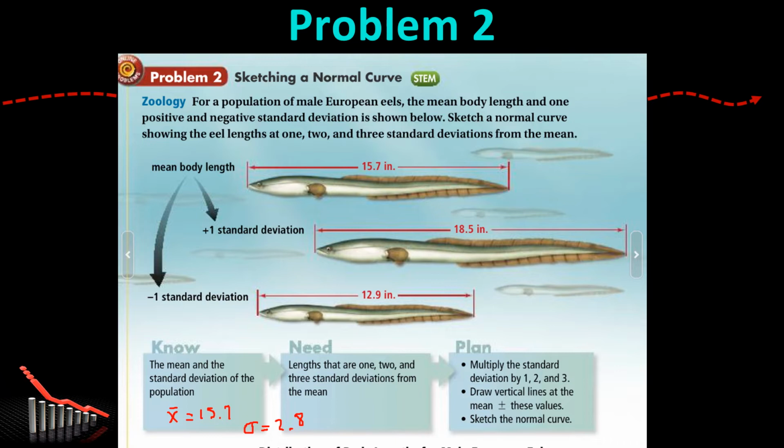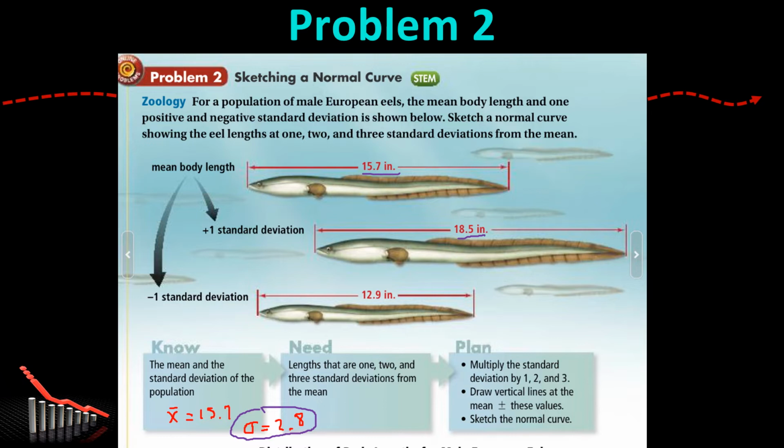Now they've given us another eel that is 1 standard deviation above. So if I want to find the standard deviation, how did I get that 2.8 right there? Well, I took 18.5 and subtracted from it 15.7. So now I understand that the standard deviation is 2.8 inches.